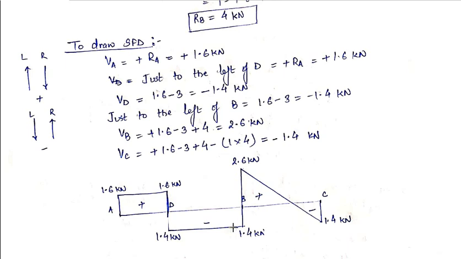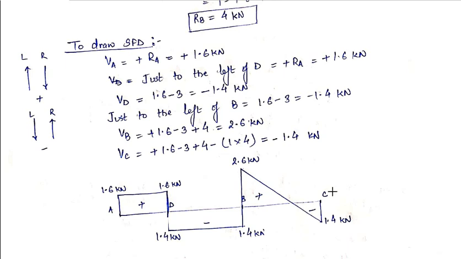Now join these 2 points by a straight line, and when we come to point B, the value increases to plus 2.6. So we plot a point 2.6 above the axis and join these 2 points by a straight line.